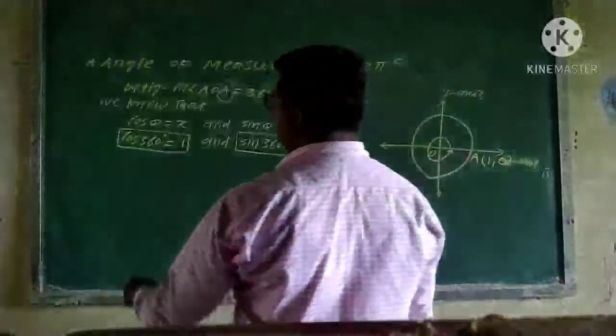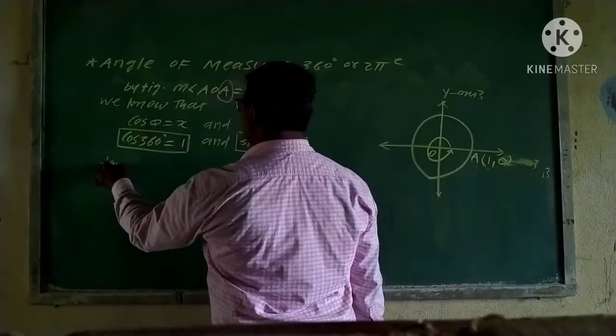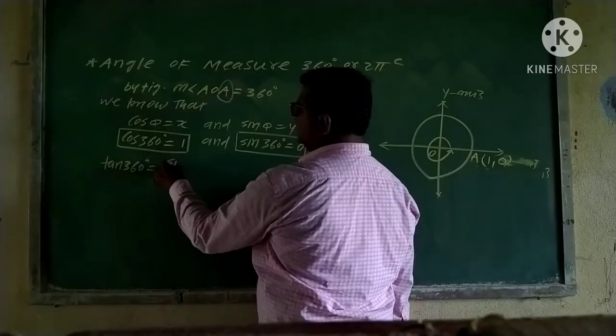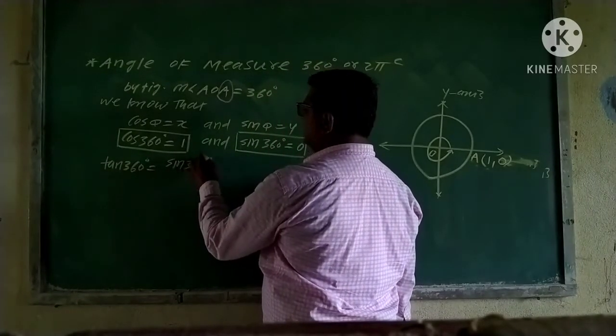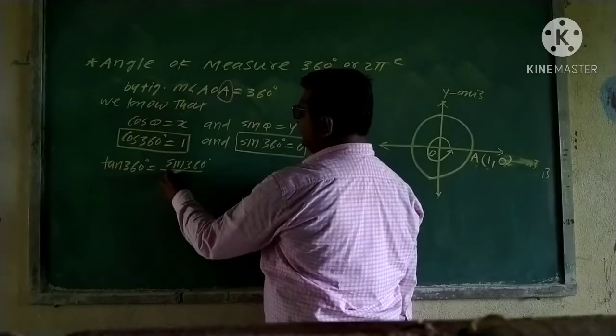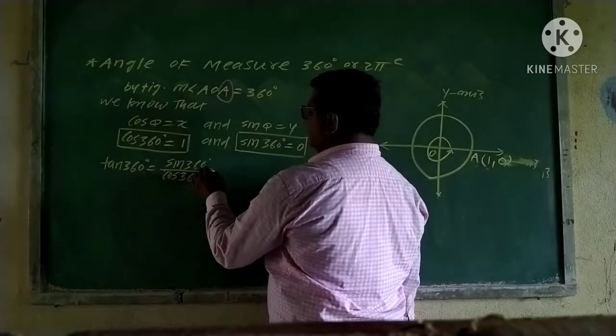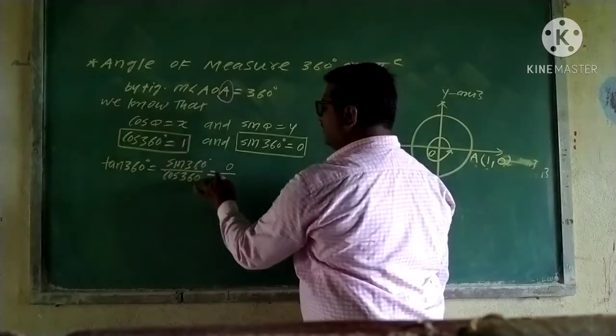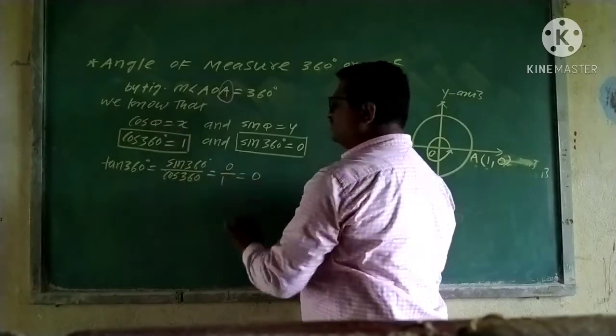Next, tan of 360 degree is equal to sin of 360 degree divided by cos of 360 degree, that is 0 divided by 1, equal to 0.